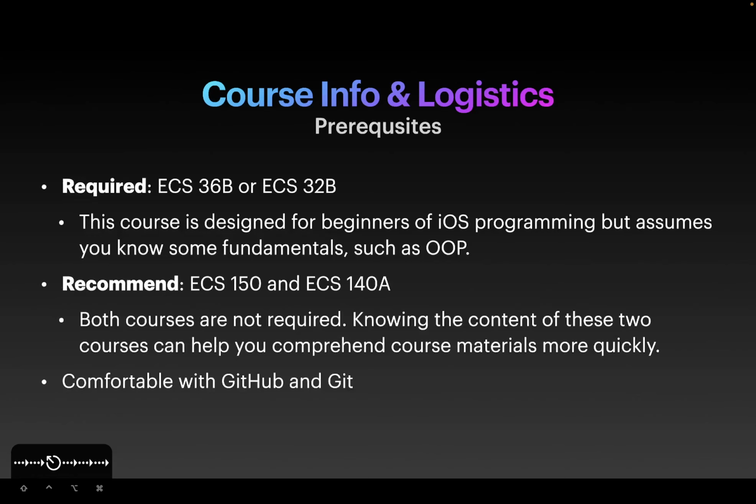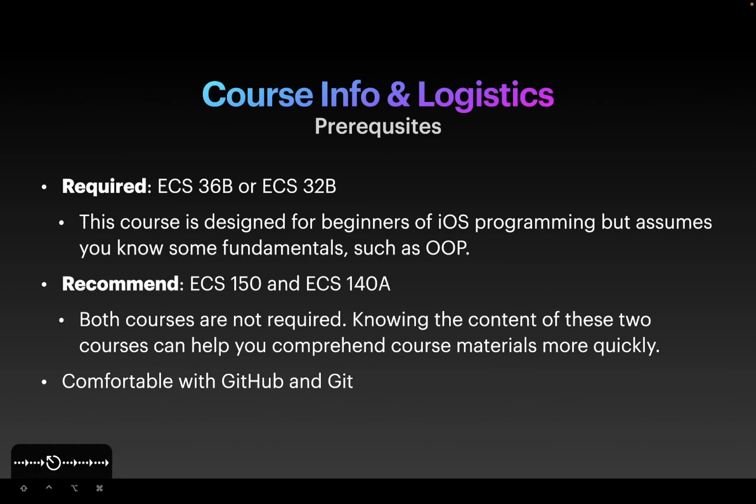Now, these are the prerequisites for this course. ECS 130, ECS 36B and 32B are required for this class because, well, this class is designed for beginners of iOS programming, but it also assumes you already know some basic stuff about object-oriented programming, okay?